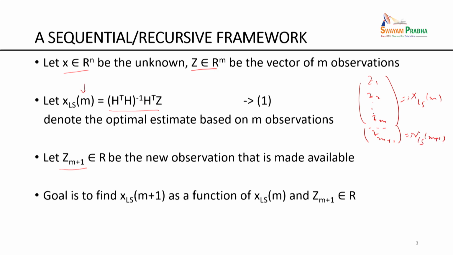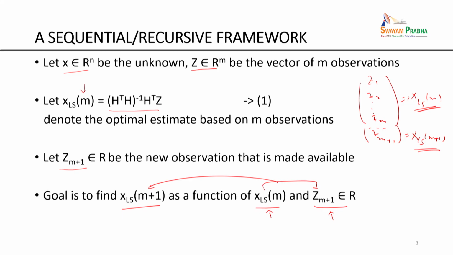The whole idea here is: how do I relate x_{m+1} to x_m? How do I relate the least square solution for the new problem to the least square solution for the old problem? So the goal is to find the new solution as a function of the old solution without having to redo the whole problem from the ground up. So I already have this. This is the new data I get. How do I combine these two to get this?